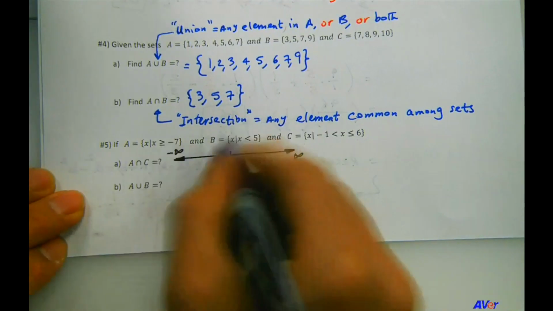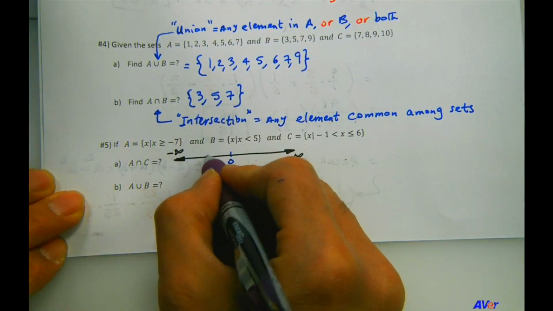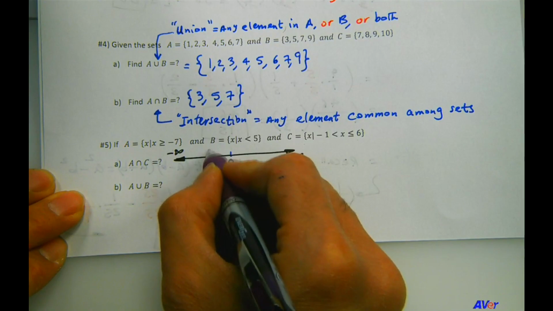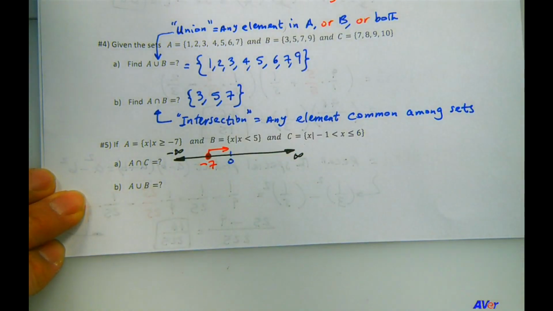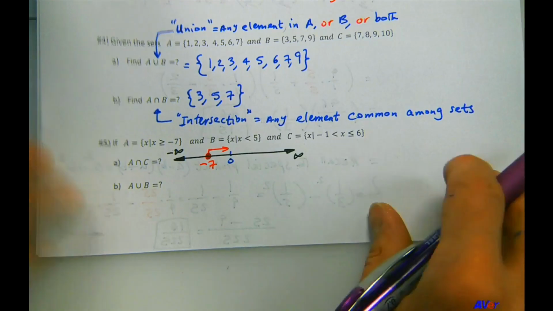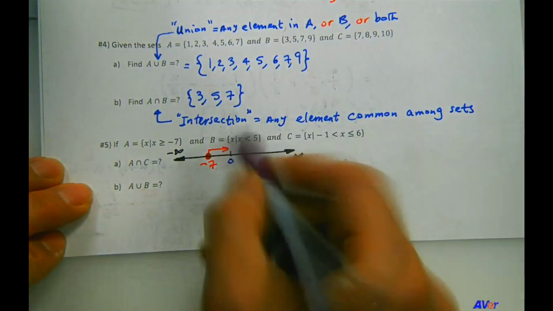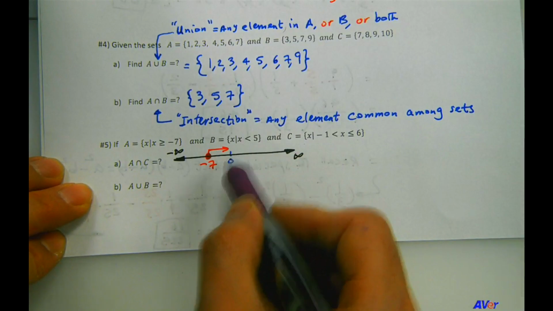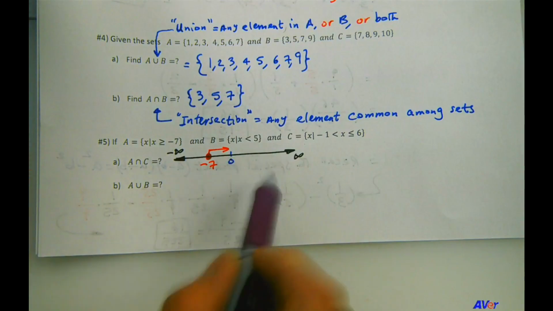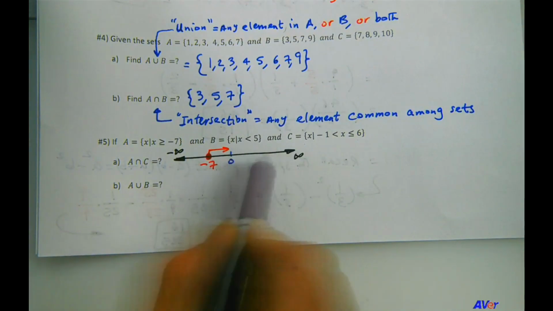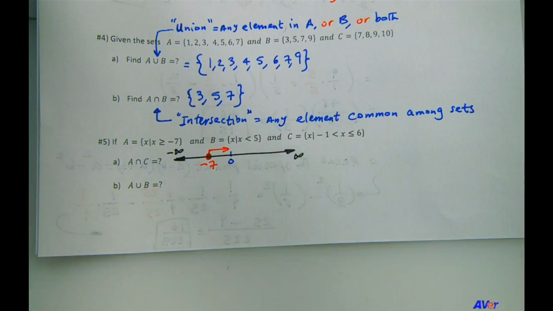X greater than or equal to -7 would be something like that, with that being -7. And then on the other side, I could just continue that arrow.